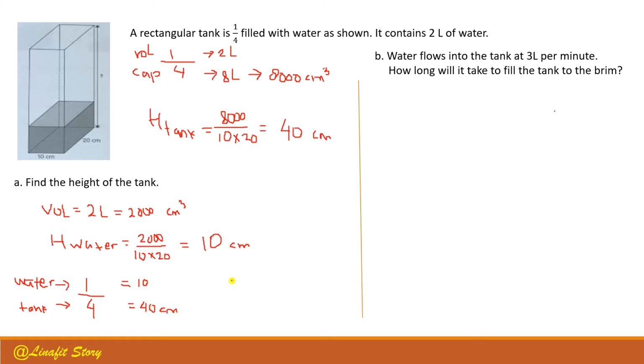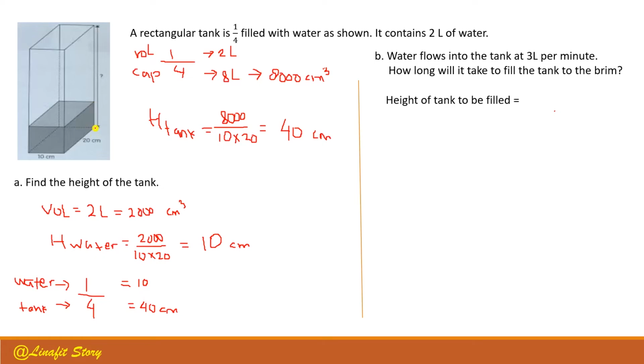Question B. Water flows into the tank at 3 liters per minute. How long will it take to fill the tank to the brim? The height of the tank is 40 cm, while the height of the water level is 10 cm.